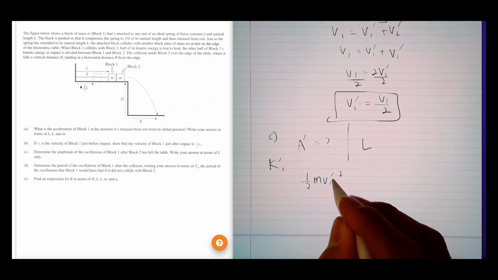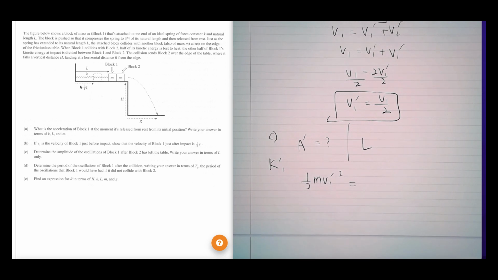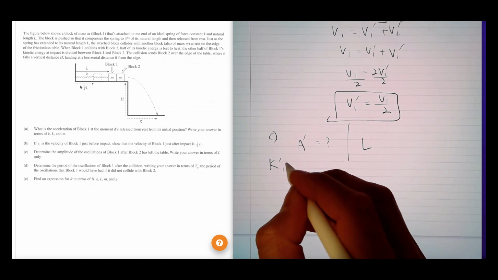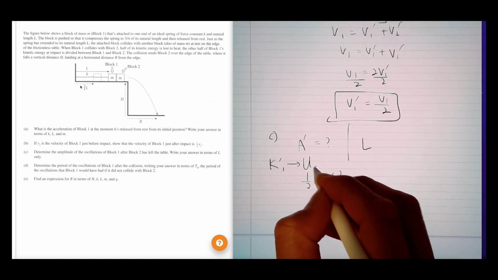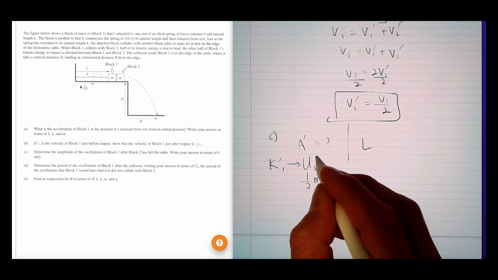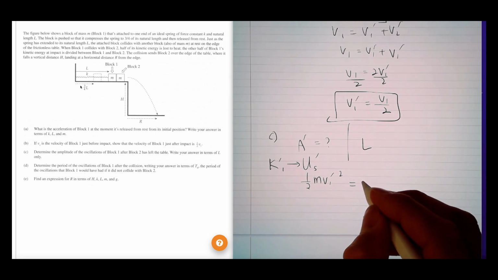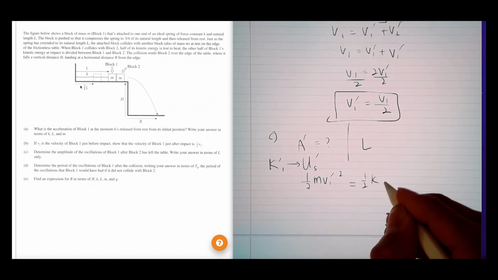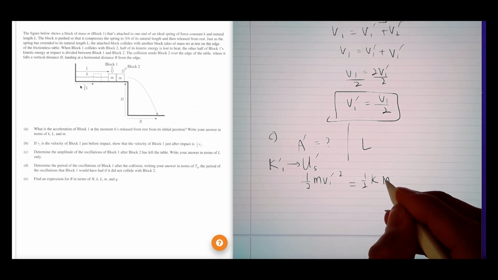So 1/2 m b1' squared is equal to, now what's that going to be? For us to find the new amplitude, that whole thing is going to transfer to the spring potential energy. Okay, and I'm going to say U' because this is after the collision. So that means you have 1/2 k, it's really m1, but there's no distinction between m1 and m2.